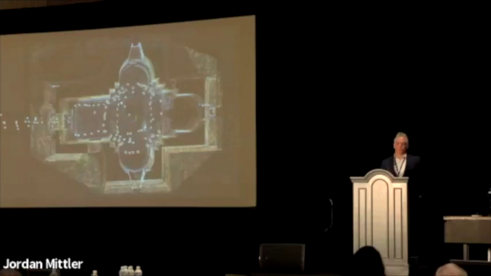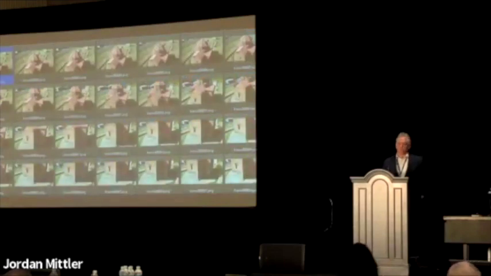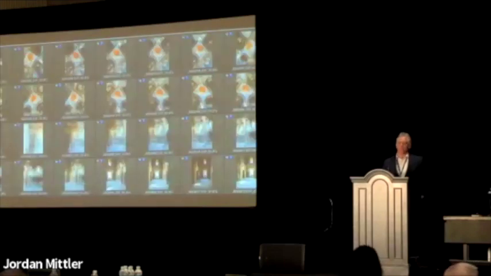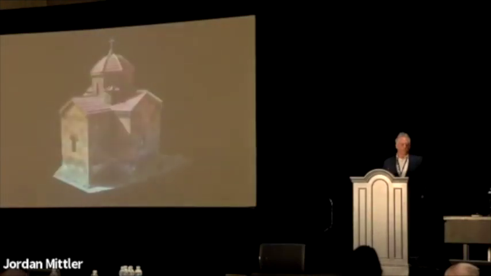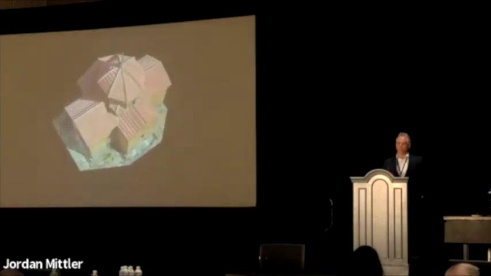You can see all the different places where photographs were taken. Now you take all those photographs. Here are the outside images. Here's the bird's eye view of the church. Here are the inside images of the church. And now you can make a 3D rendering of this building.